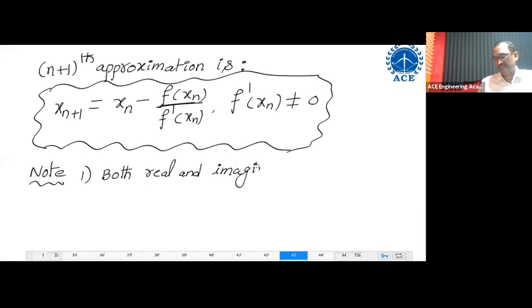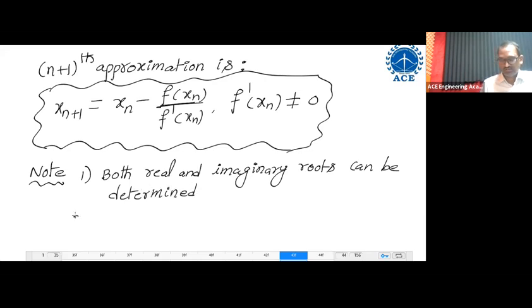Both real and imaginary roots can be determined.